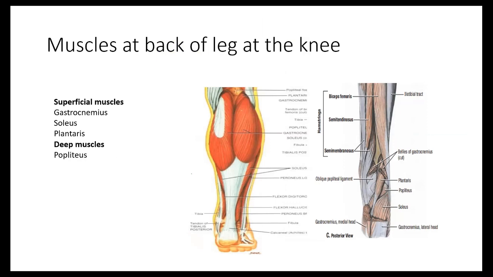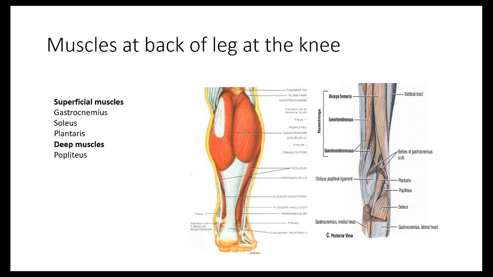At the intermediate layer is the soleus muscle, which arises from the back of the head of the fibula and the soleal line of the tibia. The distal tendinous attachment fuses with the tendinous attachment of the gastrocnemii, that is the tendo Achilles, and gets attached to the calcaneum. At the deeper level, you have the popliteus muscle, which is analogous to the pronator teres of the upper limb.